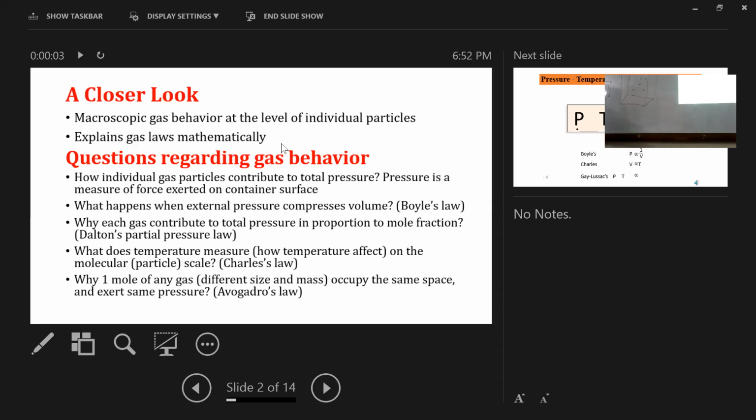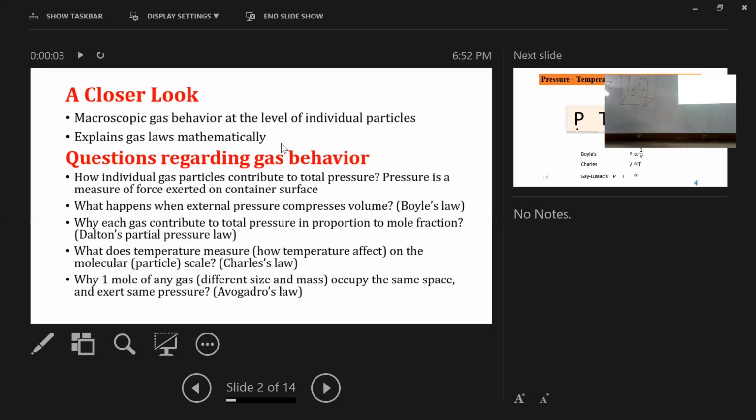As the number of molecules increases or decreases, the pressure will increase or decrease depending on how many molecules we add or remove, and that depends on the mole fraction. That can be explained by Dalton's law of partial pressures.